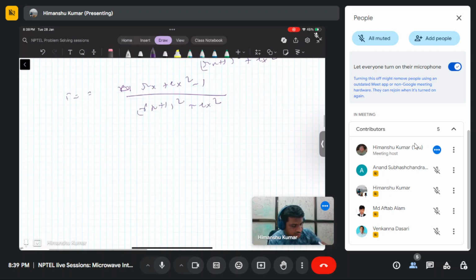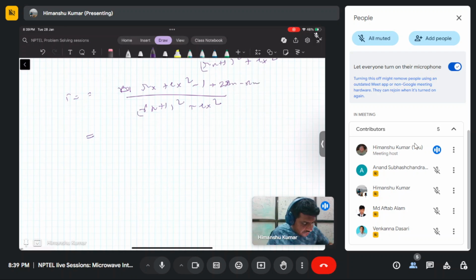And this you can simplify. Basically, if you take 2 times rx minus 2 times rx, and you can add plus and minus 1 also.